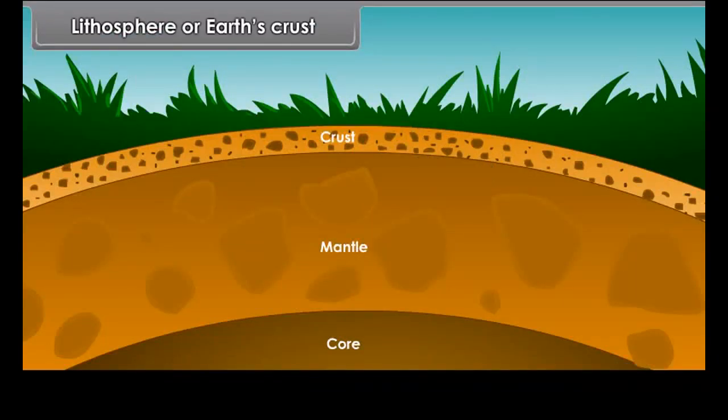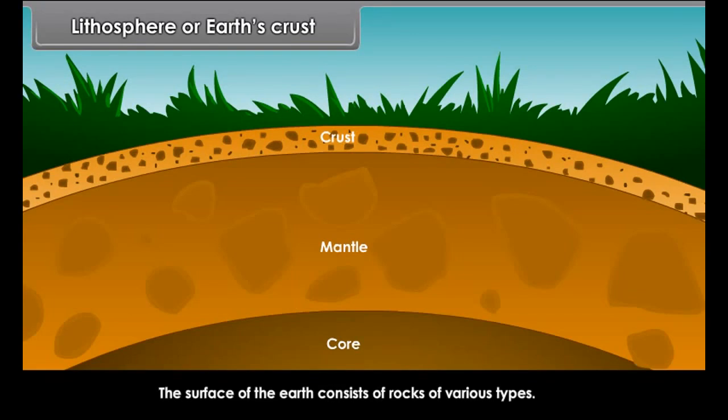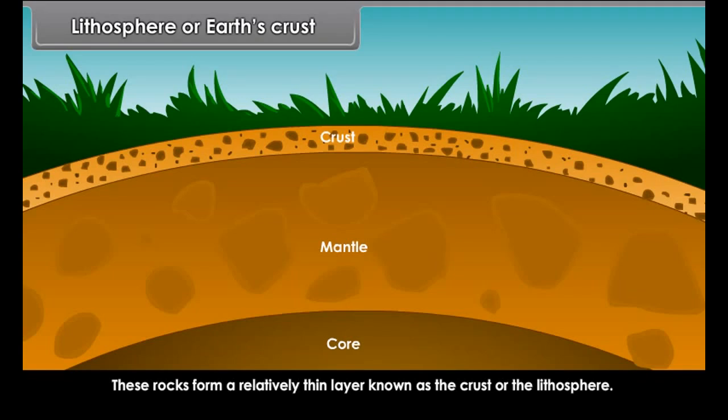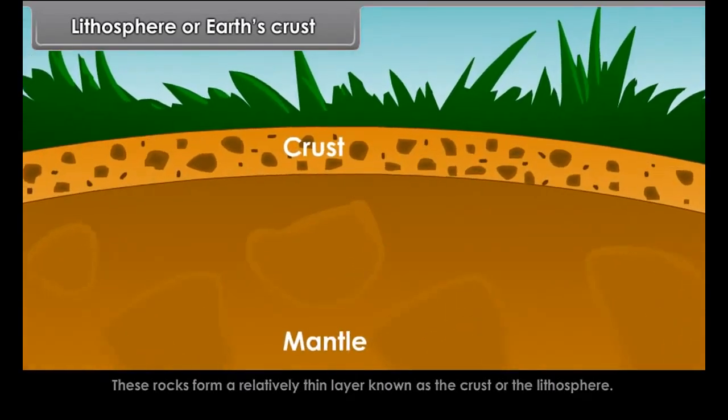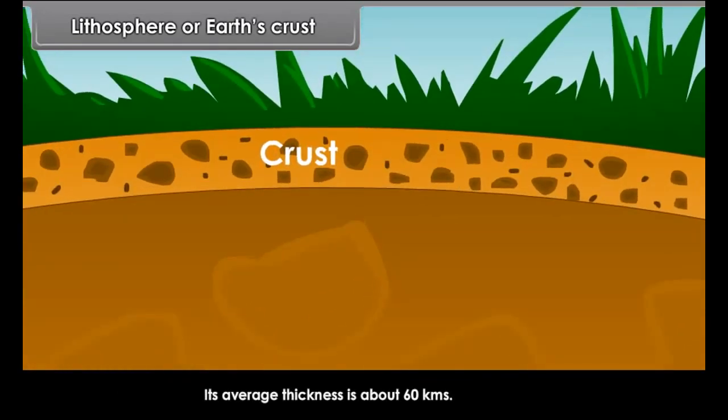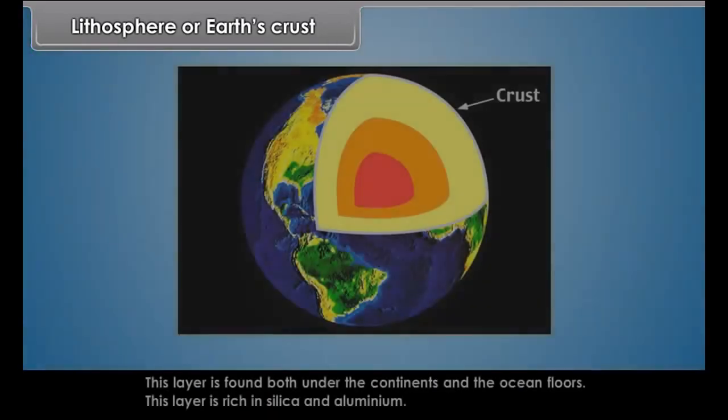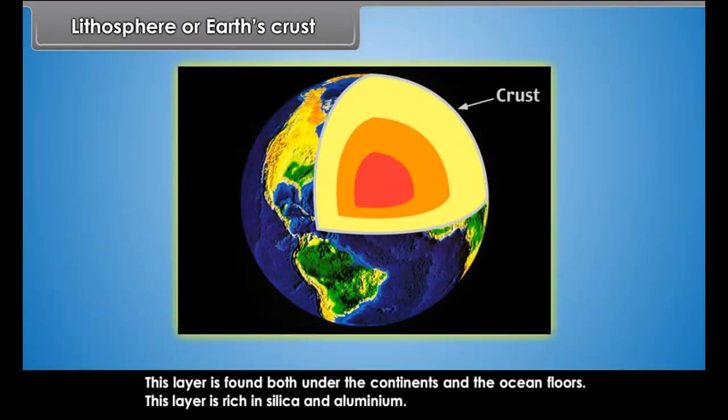Lithosphere or Earth's crust. The surface of the Earth consists of rocks of various types. These rocks form a relatively thin layer known as the crust or the lithosphere. Its average thickness is about 60 kilometers. This layer is found both under the continents and the ocean floors.